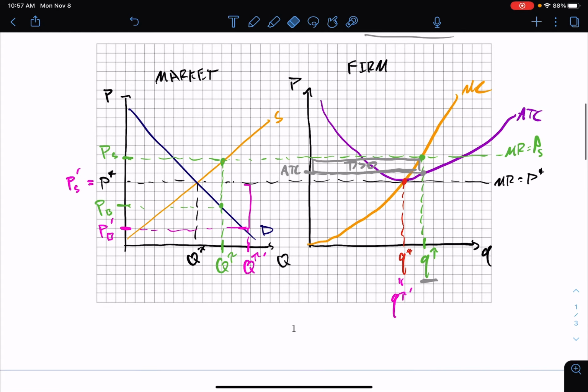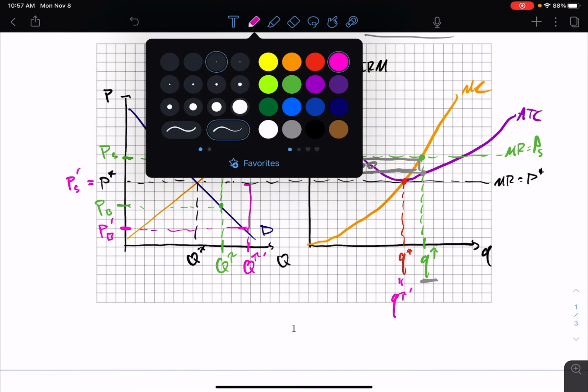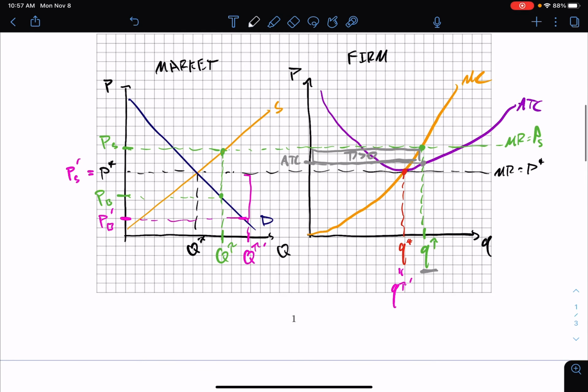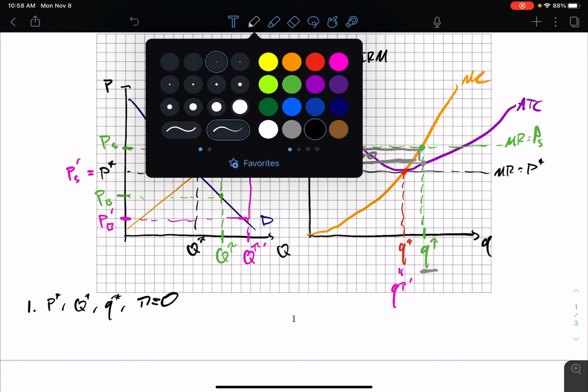Okay. So let's just write out what we did. Initial equilibrium. So this is step 1. We had P star, Q star, and q star with a profit equal to 0. Okay.